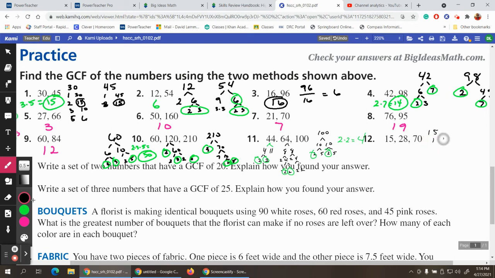That's going to be 1 and 15, 3 and 5. 28 is going to be 1 and 28, 2 and 14, and 4 and 7. 70 is going to be 1 and 70, 2 and 35, 3, 4, nope, 5 and 14, 7 and 10.